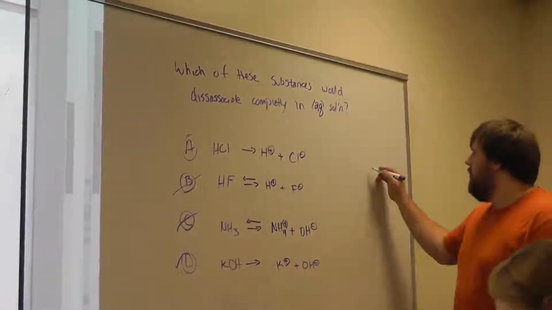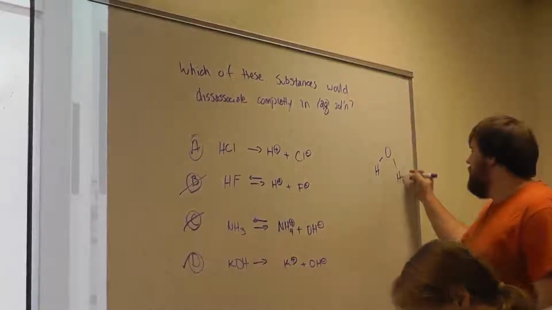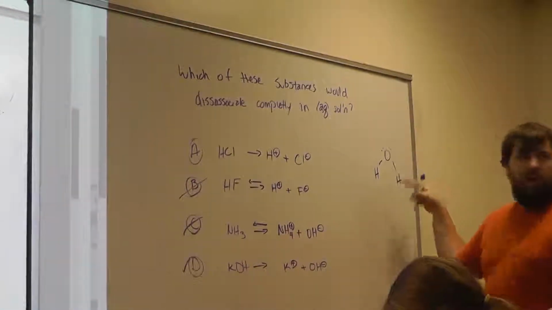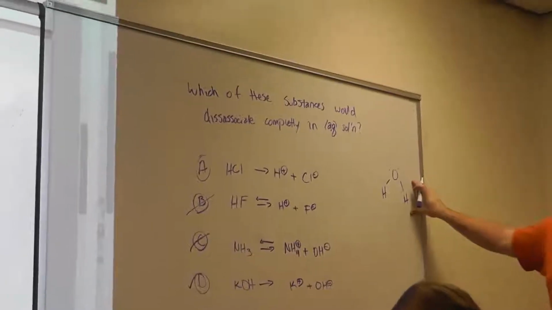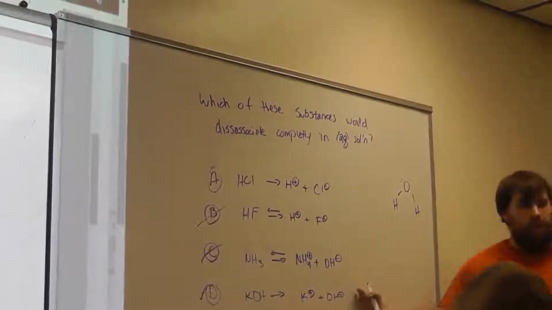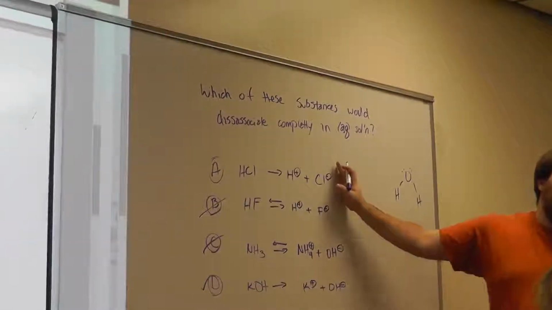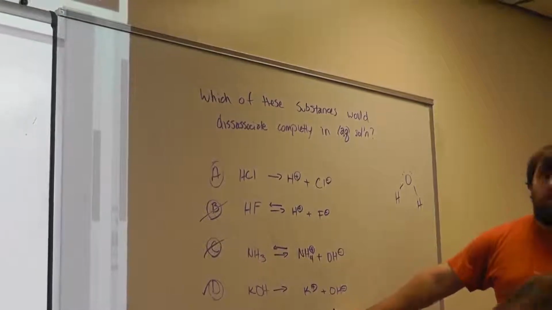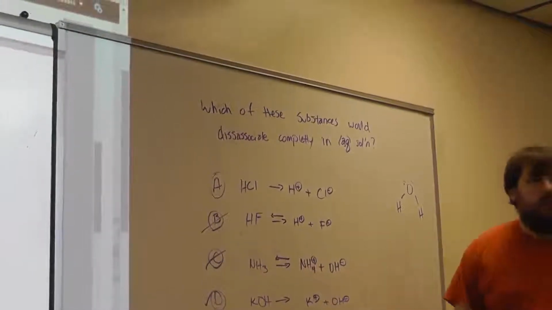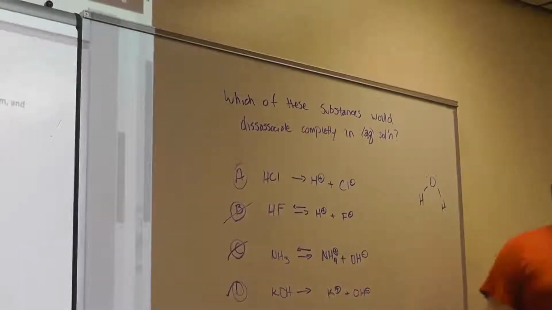Going back to Lewis dot structures, there's no metals in there. This guy can do an amazing job breaking apart this. He can kind of do a moderate job breaking apart this. He will eventually do it, but as soon as you dump this in here, it's all going to break apart. It normally doesn't even need kinetic energy. You normally don't even have to stir it. It's immediately going to happen.